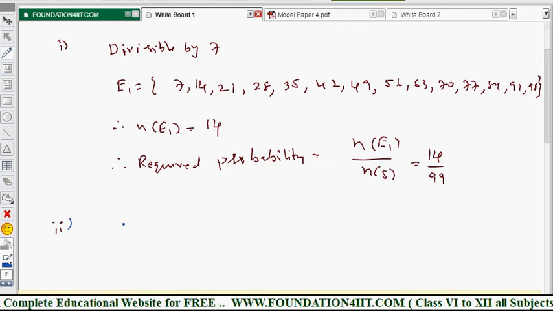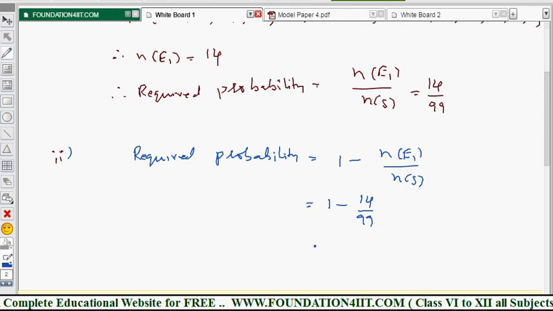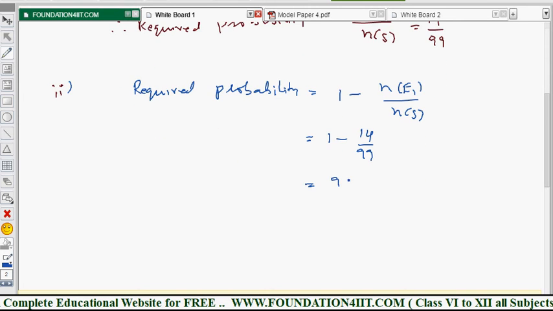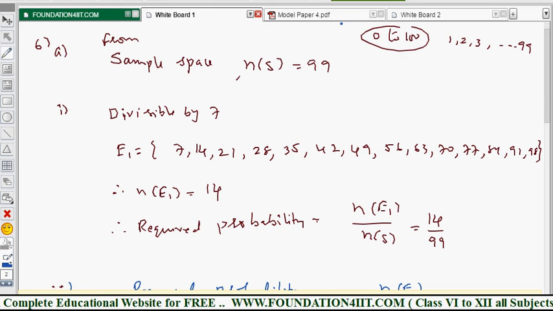So the required probability is 1 minus n of E1 by n of S, which is 1 minus 14 by 99. 99 minus 14 is 85, so 85 by 99 is the probability that the selected integer is not divisible by 7, and 14 by 99 is the probability of being divisible by 7. You can do it in this way.